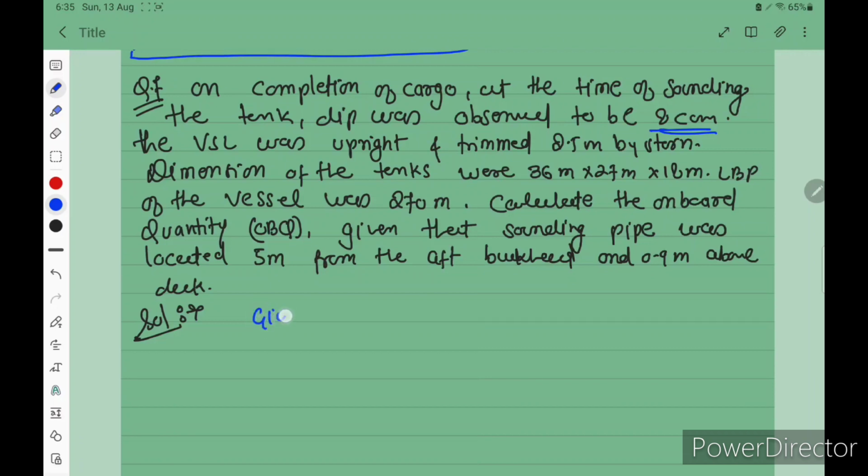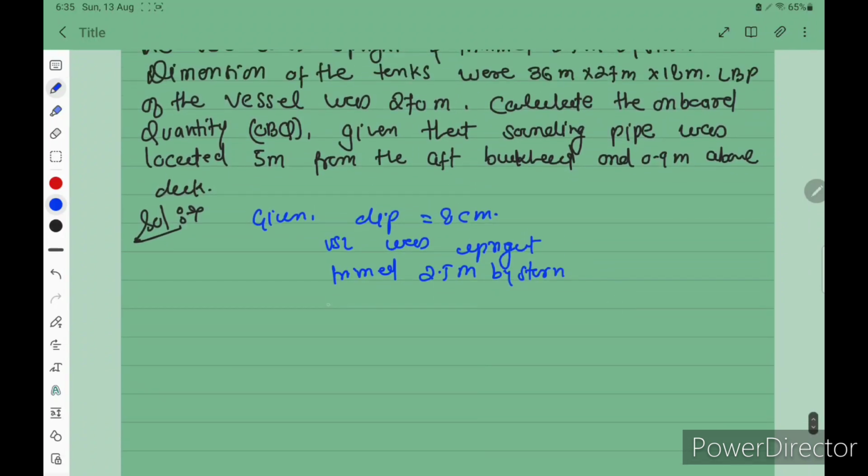So given in the question, dip was 8 cm, vessel was upright, trim 2.5 meter by stern, tank dimension 36 into 27 into 18, length, breadth and height.